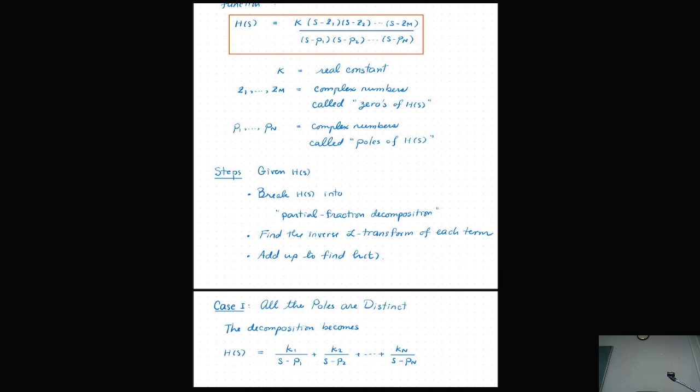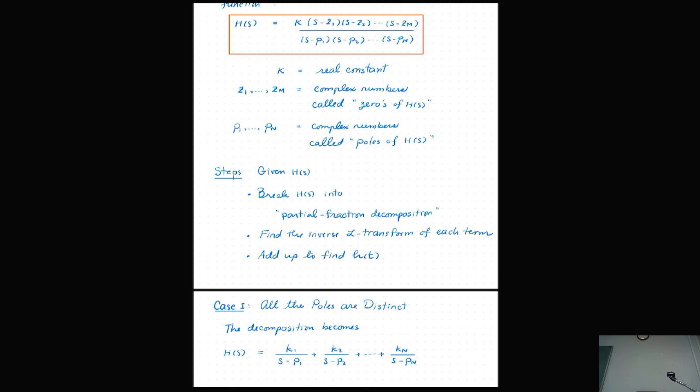Because all poles are distinct, I can break it into n terms again. The number of terms in the decomposition is equal to the number of terms in the denominator. For example, if there are 3 terms in the denominator, then the decomposition will have 3 terms, and the denominator of each is one of the terms in the denominator of the original function.